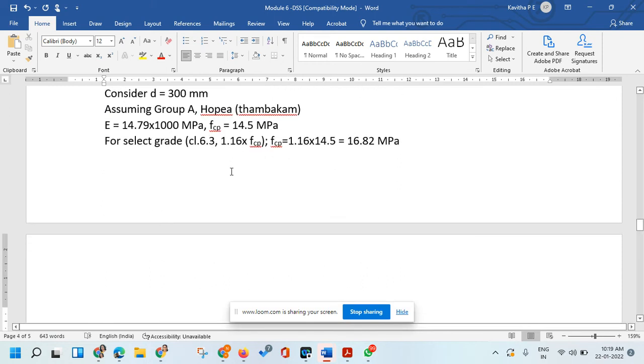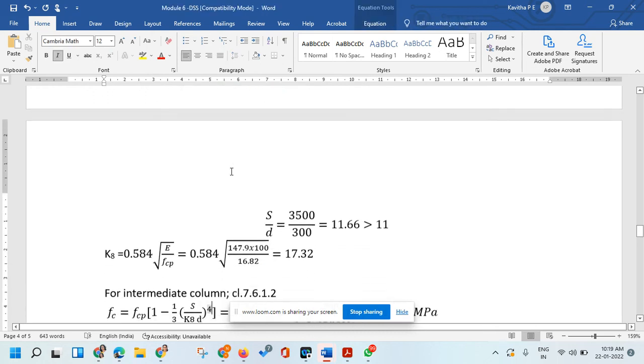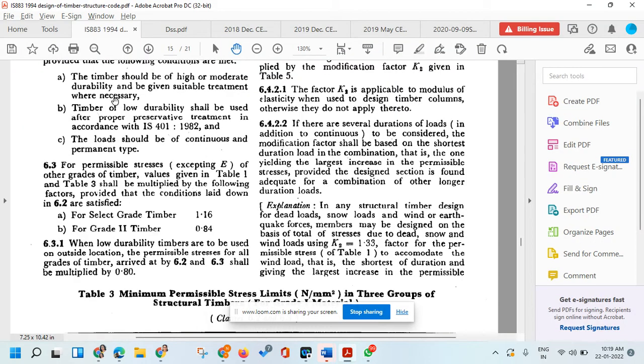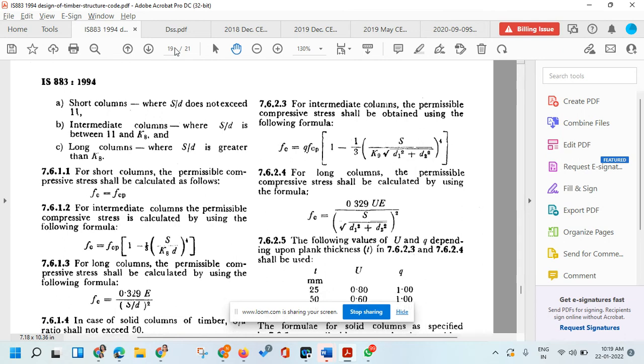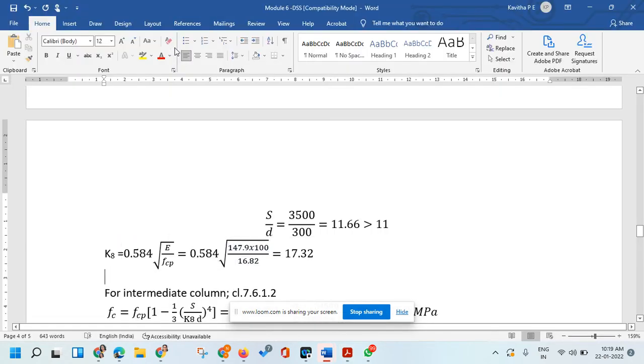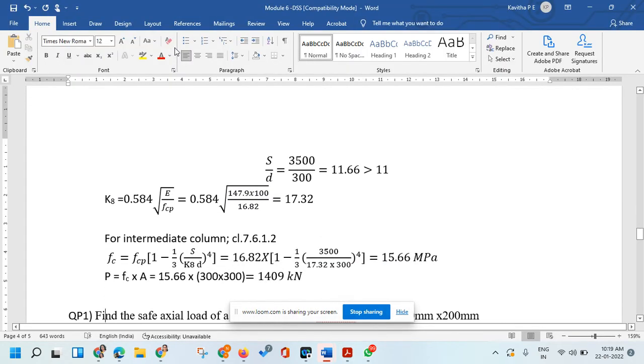Then for the selected, I get the FCP, and calculate the K8 value as per the code provision in this page number 7.6.1.2, and I calculate the FC value for the intermediate column. Then I take the column load carrying capacity as FC into A, that is 1409. So it is quite simple.